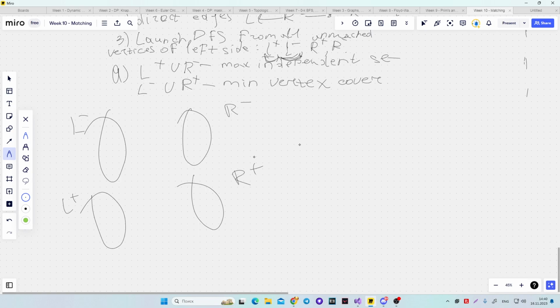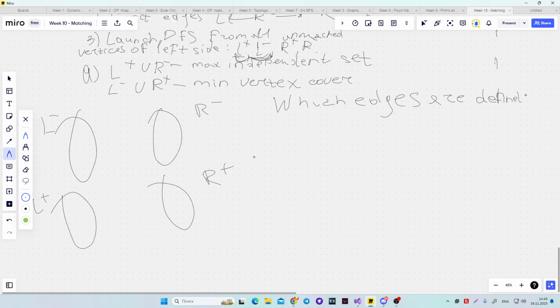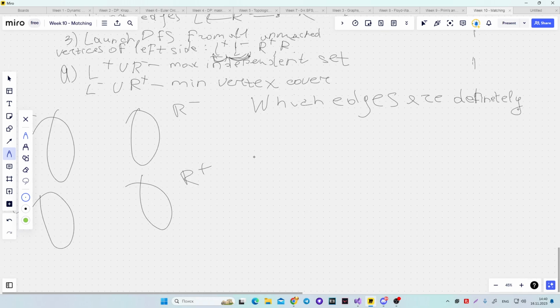So notice some obvious facts, which we want to consider about edges and to get an independent set, for example. Which edges are definitely missing in this graph.